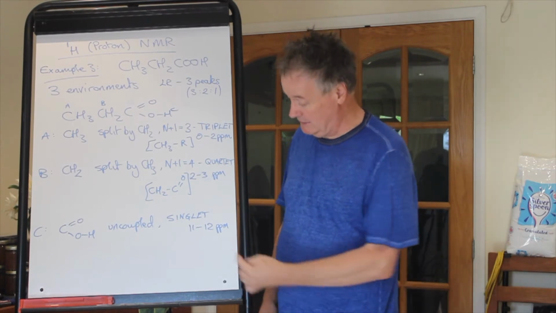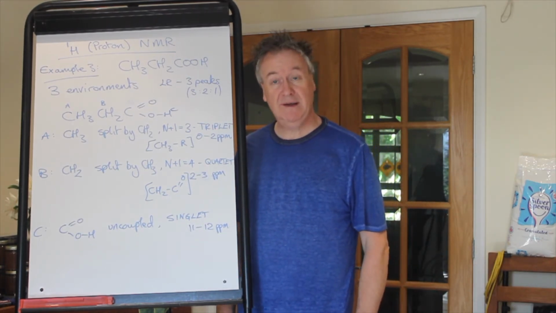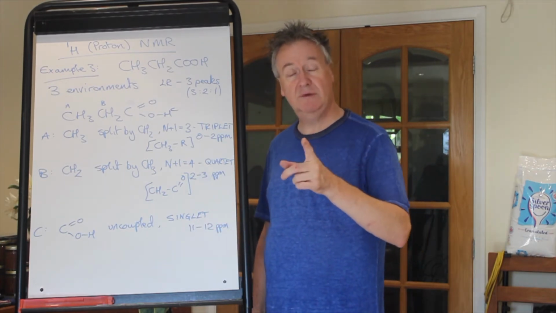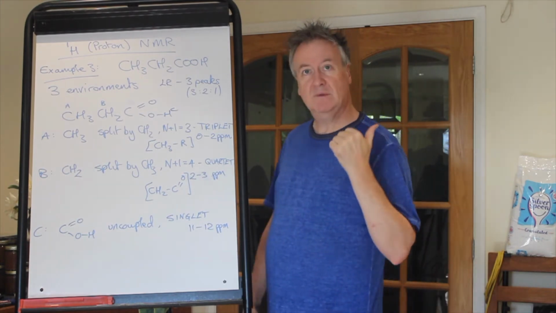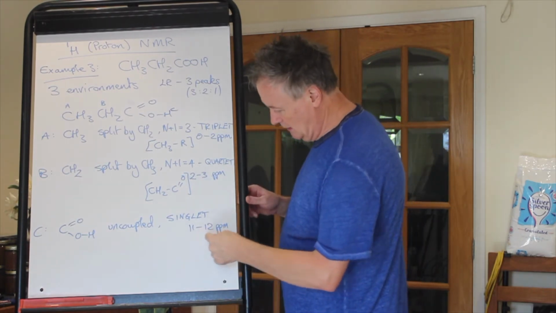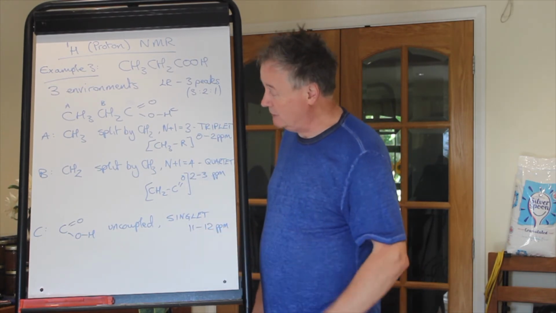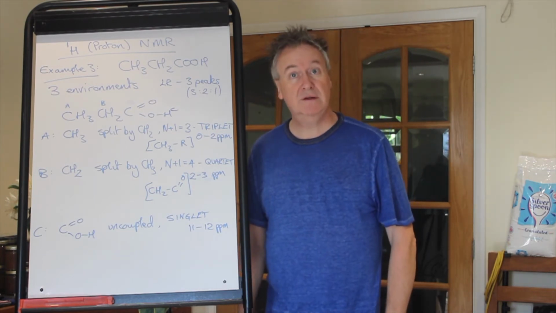It'll be a singlet, but it'll have a very high shift away from TMS, because all the shifts are measured against TMS. You remember what TMS is. If you don't know, go look at the Introduction to NMR video where it talks about TMS. And a very high value, 11 to 12, somewhere in that region. There we are. That's it.